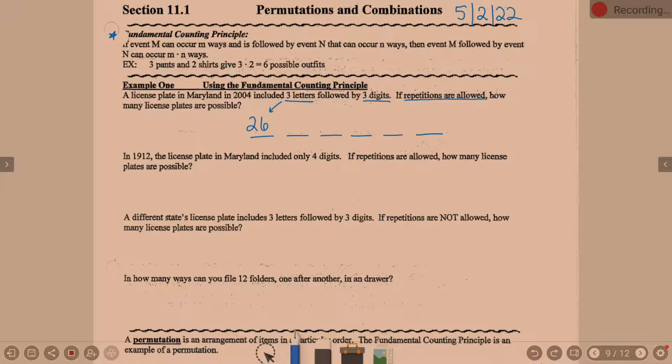So we still have 26 options. Does that make sense? If A got picked the first time, it could be picked the second time in this case because repetitions are allowed. If repetitions were not allowed, we'd have to go down to 25, some of you said. What about the next case? 26, because there are 3 letters.